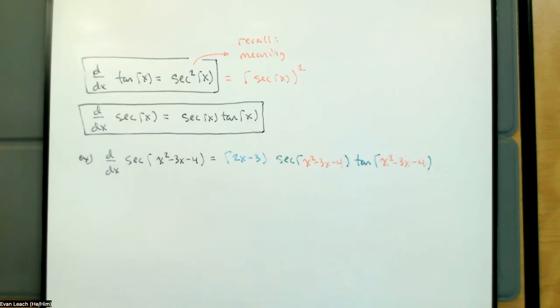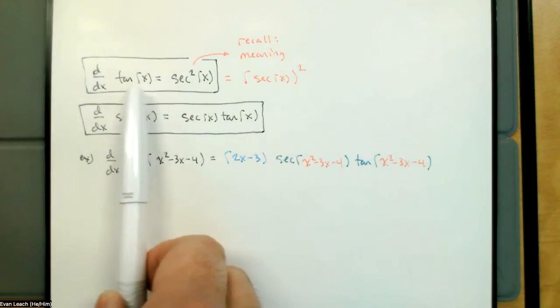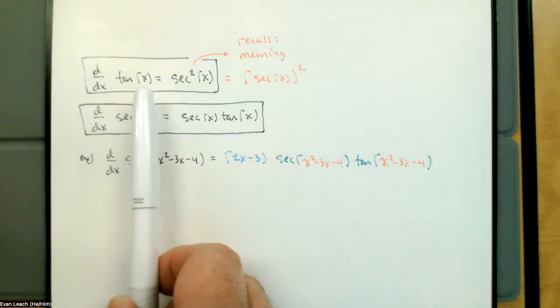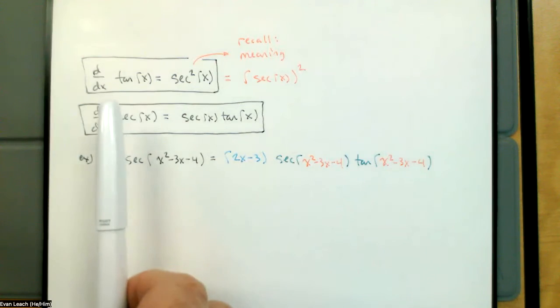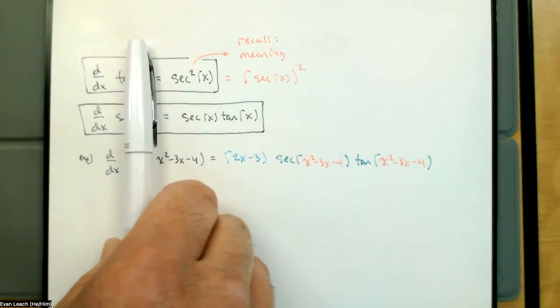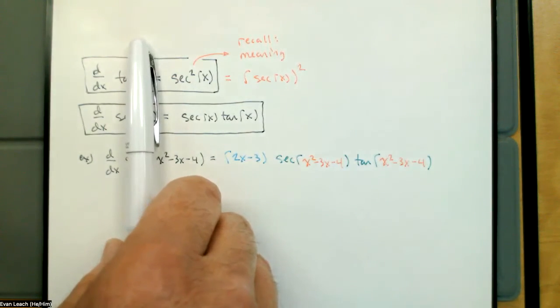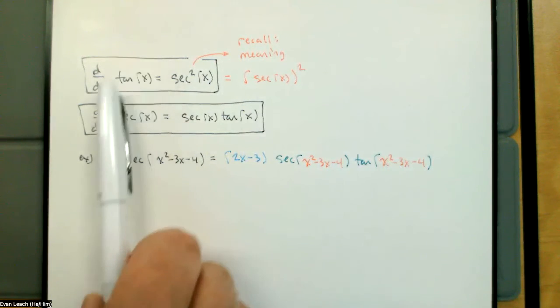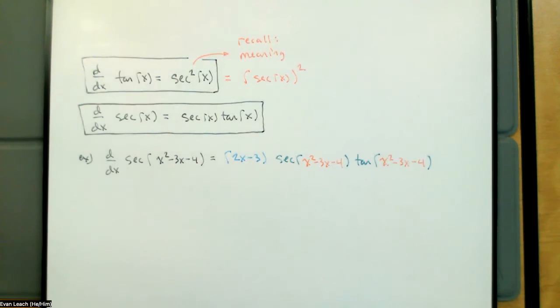So for example, this derivative of tangent x is not two things here. This is one thing, the tangent of x. Writing this derivative of tangent actually doesn't mean anything. This is not a separate piece.